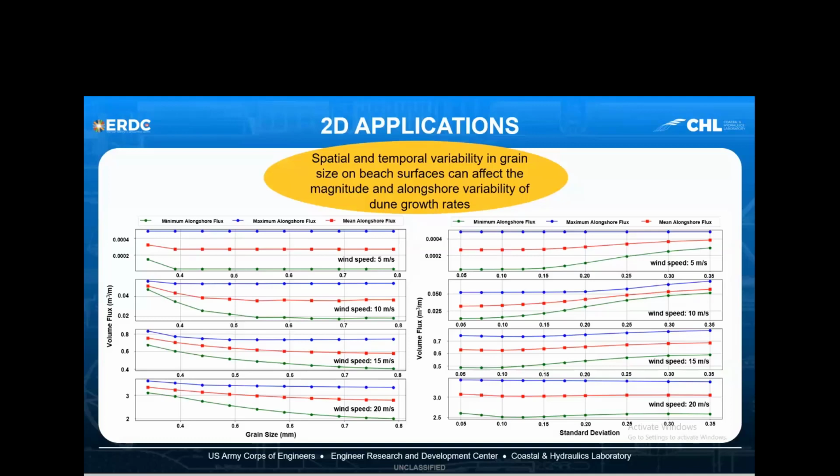And then when we start to look at the standard deviation of the coarse lag deposits, so the sorting of them, we get a little bit of an opposite effect where the smaller wind speeds are more impacted by the changing standard deviation than the high wind speeds.